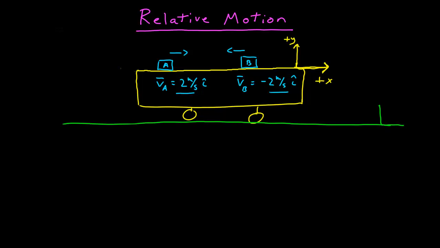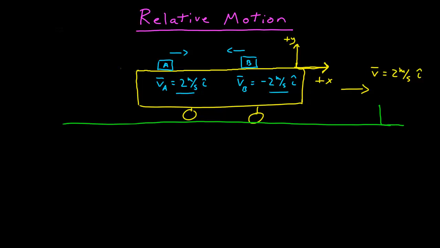And we'll say that this car is moving forward at a speed of 2 meters per second. Well, 2 meters per second along the ground.